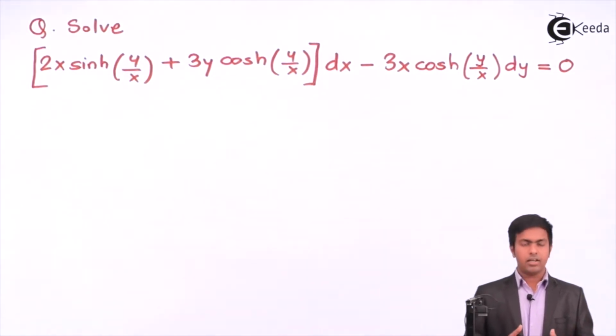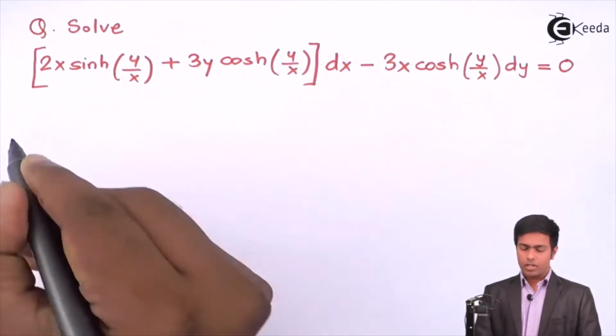So we know that if the equation is in this format and if the value of ∂M/∂y is equal to ∂N/∂x, then that equation is exact and we can get the solution by exact differential equation. So first of all, we need to check whether it is exact or not.